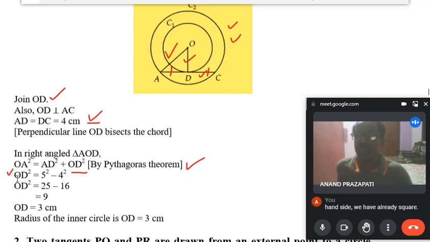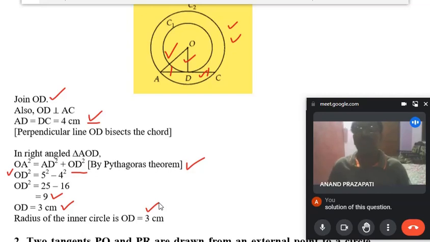After the proper arrangement, I am going to write here OD square equal to 5 square minus 4 square, and square of 5 is 25 and square of 4 is 16. So 25 minus 16 equal to 9, and the square root of 9 is 3. So OD is 3 and radius of the inner circle is 3. Hope that there is no problem to understand the solution of this question.